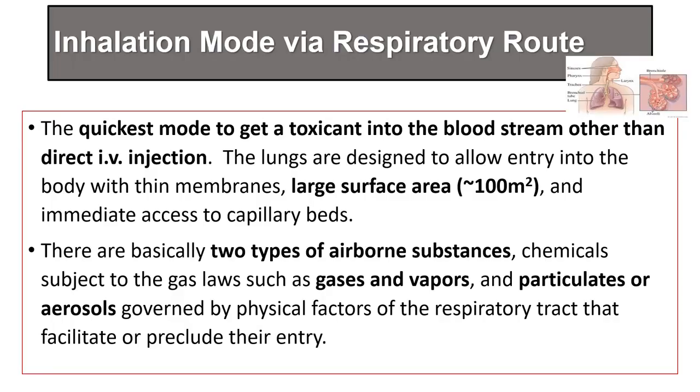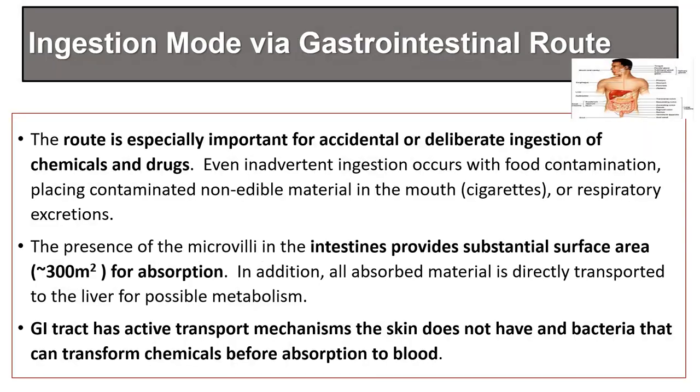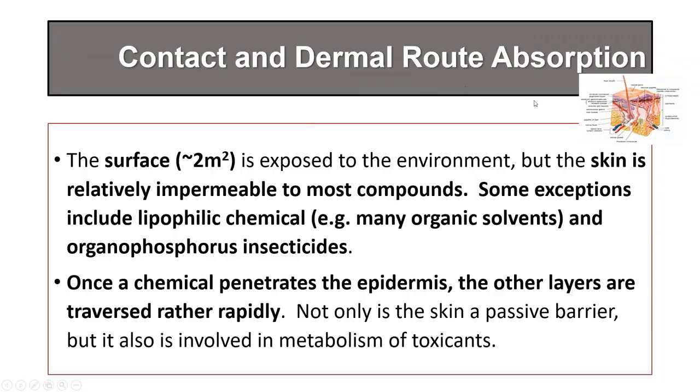I'm not going to spend time on the next few slides. They're here for your review. But again, inhalation mode, respiratory route, ingestion mode, gastrointestinal route, and then contact and dermal route absorption. And the point here is, from an environmental public health perspective, you have three major organ systems where initial exposure occurs, with the exception.